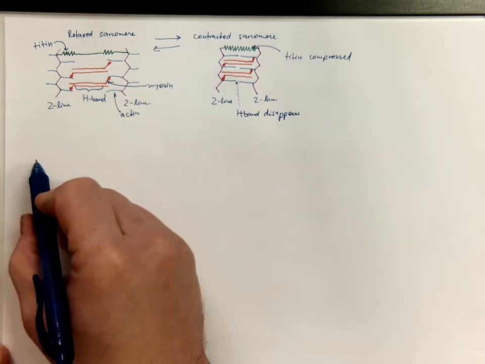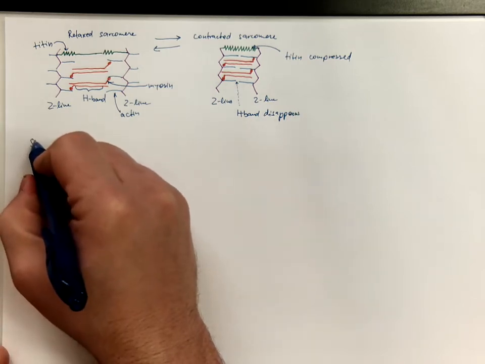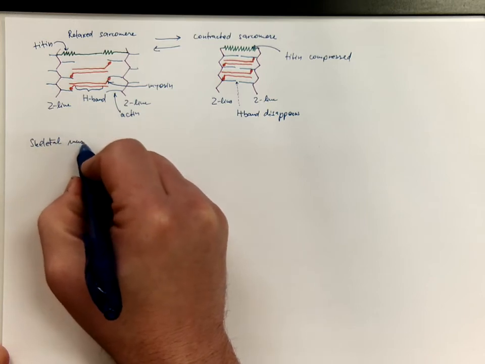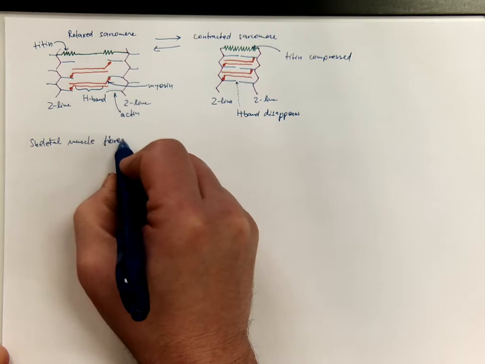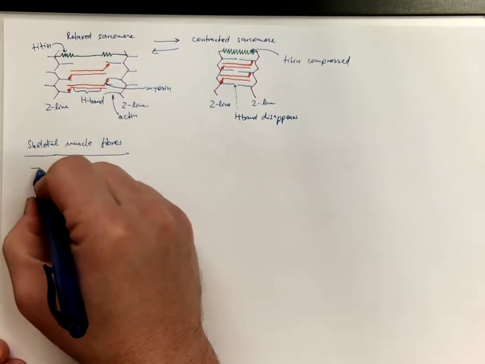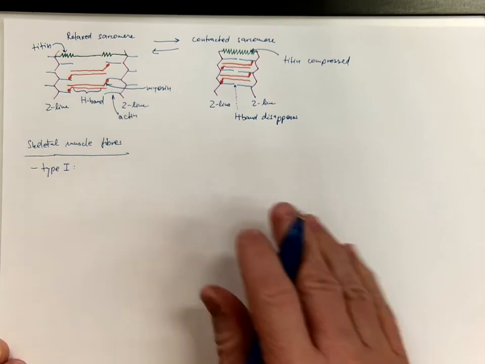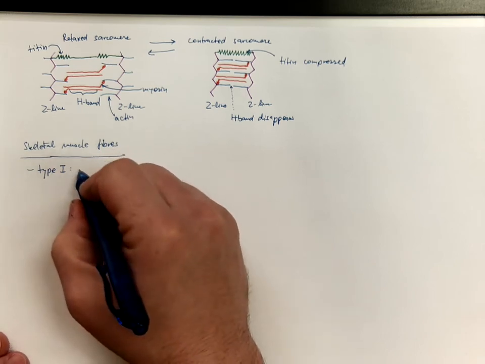Now let's briefly discuss various types of skeletal muscle we have in the human body. The first type to be mentioned is type 1, and these fibers are pretty resistant to fatigue.